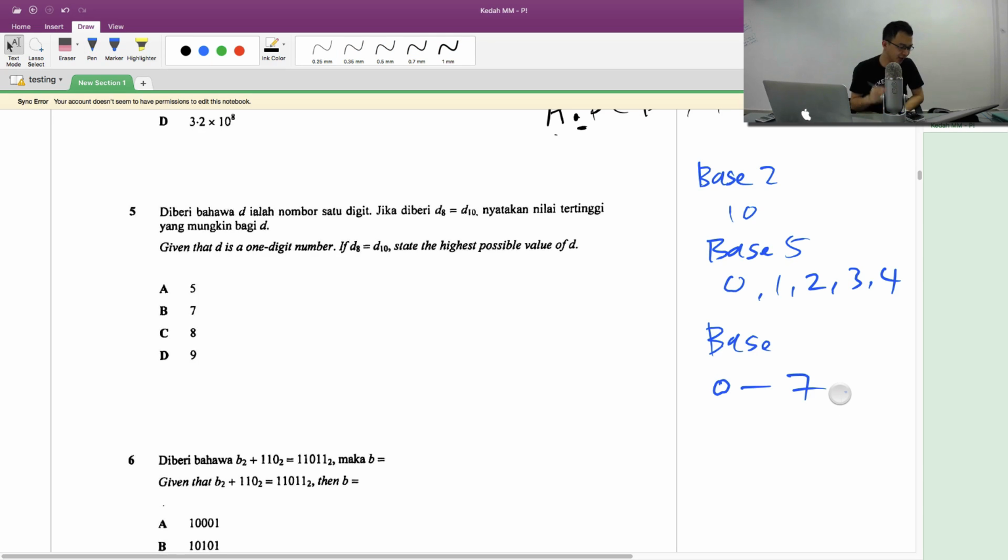So D, if D is 7, okay, let's see. Base 10, 7. So if you change to base 8, it's 7. Is it? Okay, if I change to DEC, it's 7. Change to that one, is 7.